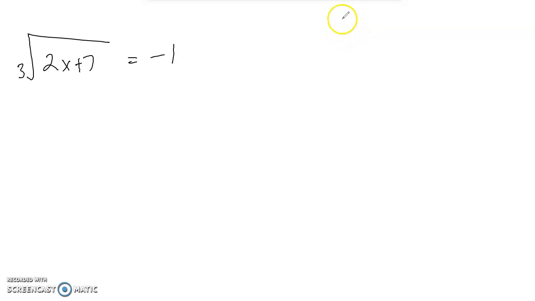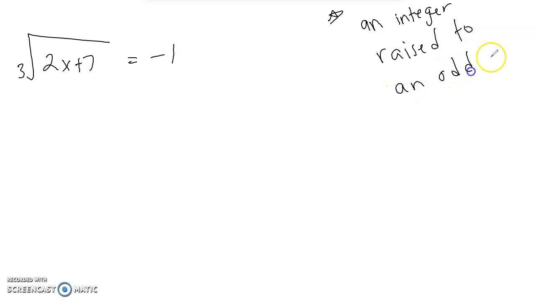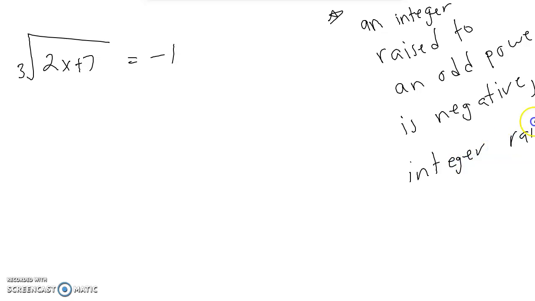Now, just a side note: an integer raised to an odd power is negative, and an integer raised to an even power is positive.